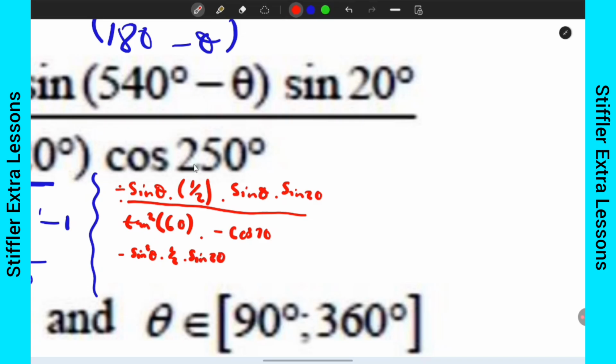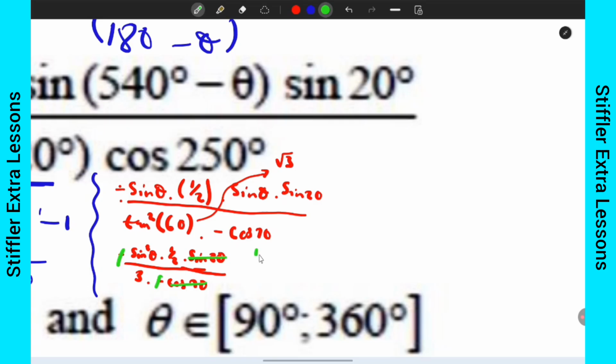And what is the value of tan of 60? If I'm not mistaken, this is root of 3, but it is being squared, so root of 3 squared will give us just 3. So this will give us 3 multiplied by negative cos of 70. Now what do we have? If you know the co-ratios, you know that sine of 20 is equivalent to cos of 70. So this and this can cancel, and negative and negative can cancel.